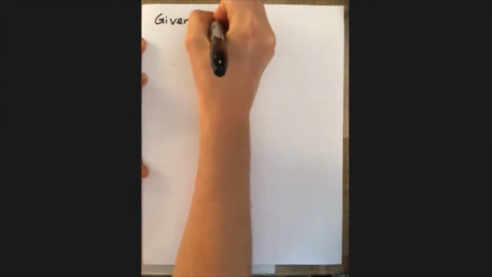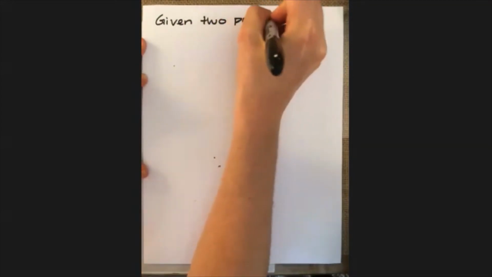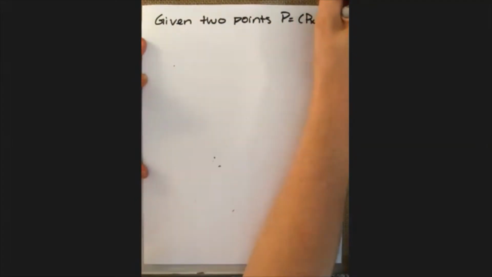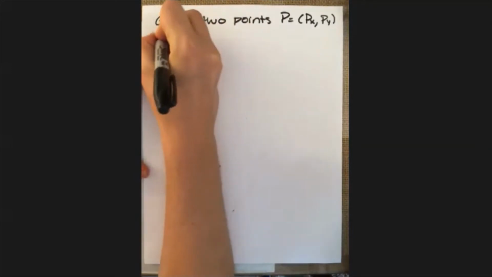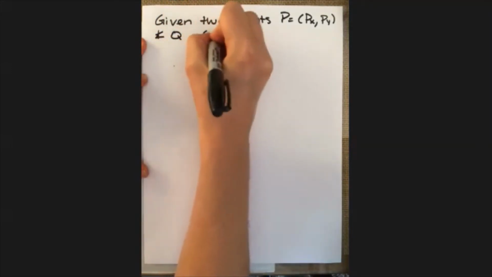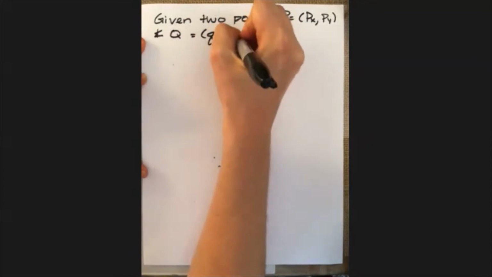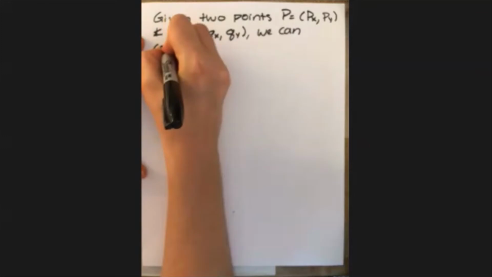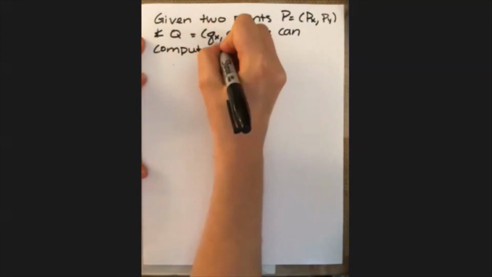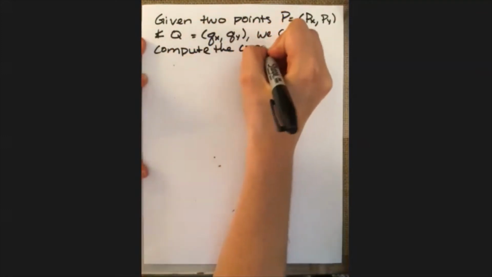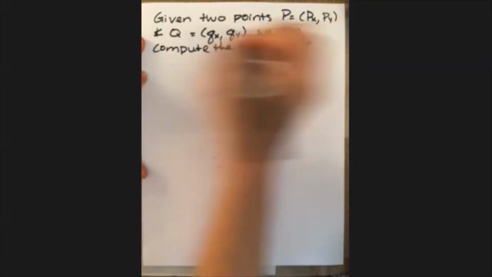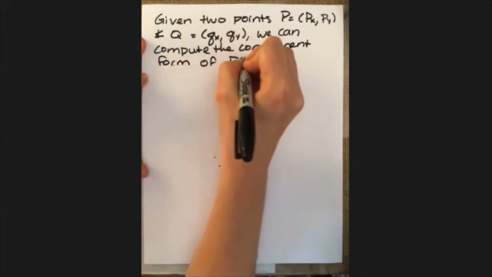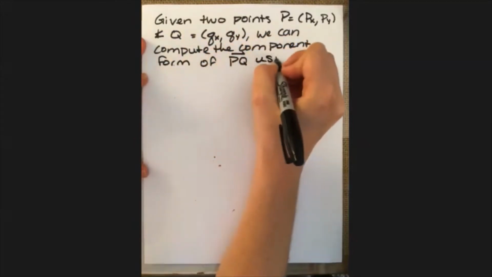So given two points, say P equal to, I'm going to denote its x component with Px and the y component with Py, and another point, Q equal to Qx, Qy, we can compute the component form of the corresponding vector using this formula.